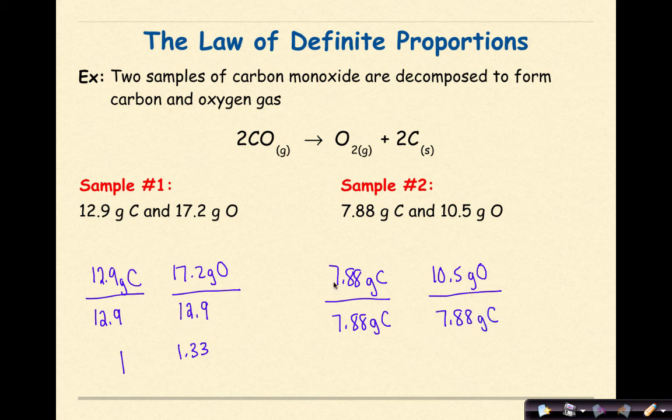So when I divide 7.88 by 7.88, obviously I'm going to get 1. And then I do 10.5 divided by 7.88, and oh look, I get 1.33. So the ratio between carbon and oxygen in each one of these situations is 1 to 1.33, no matter what the source is. So this is an example of the law of definite proportions.